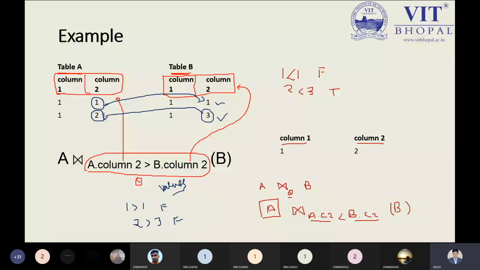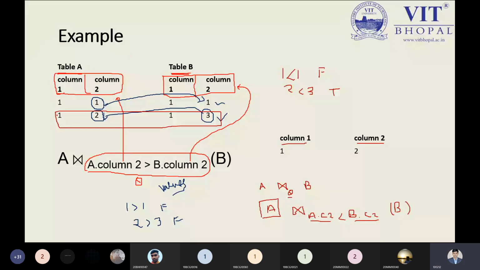And what is the condition at which record we are matching? So from this point, we found that the condition is matched. But we will display only those records or those attributes which belong to the table A.